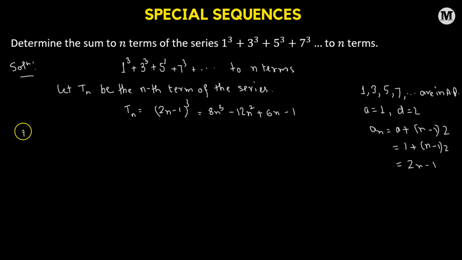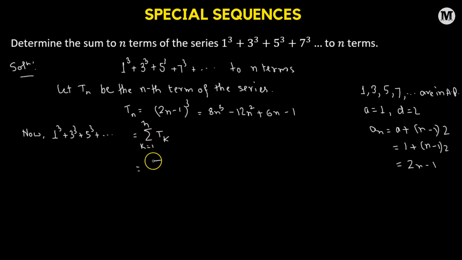Now to find out the sum of the series 1 cubed plus 3 cubed plus 5 cubed all the way up to n terms, this can be written in a compact form as summation tk, where k goes from 1 to n. Here tk represents nothing but the nth term, but we're changing the index from n to k.